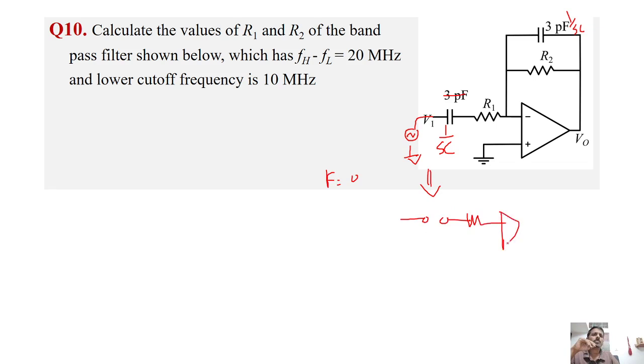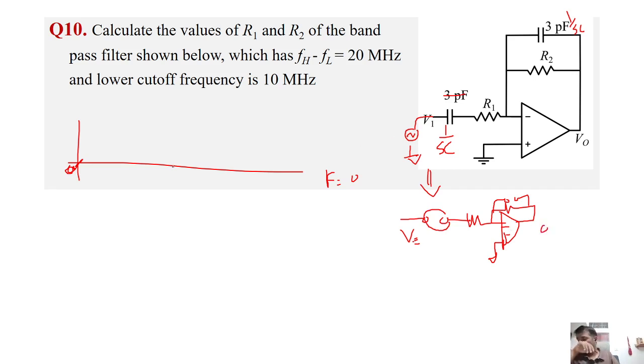It will be somewhat like this. So at frequency f equal to 0, the output is 0, because though there is some input, the entire input is dropped across this capacitor, so there is no input to this amplifier, so the output will be 0.